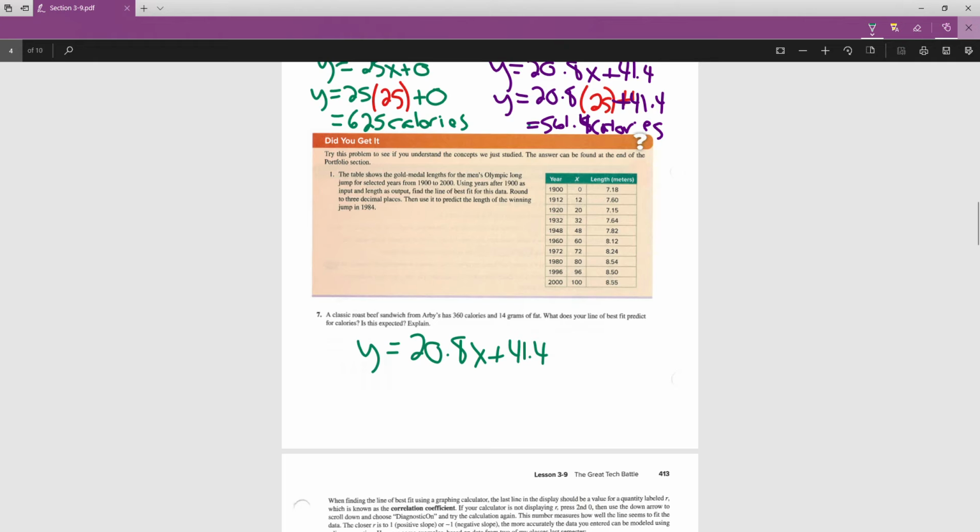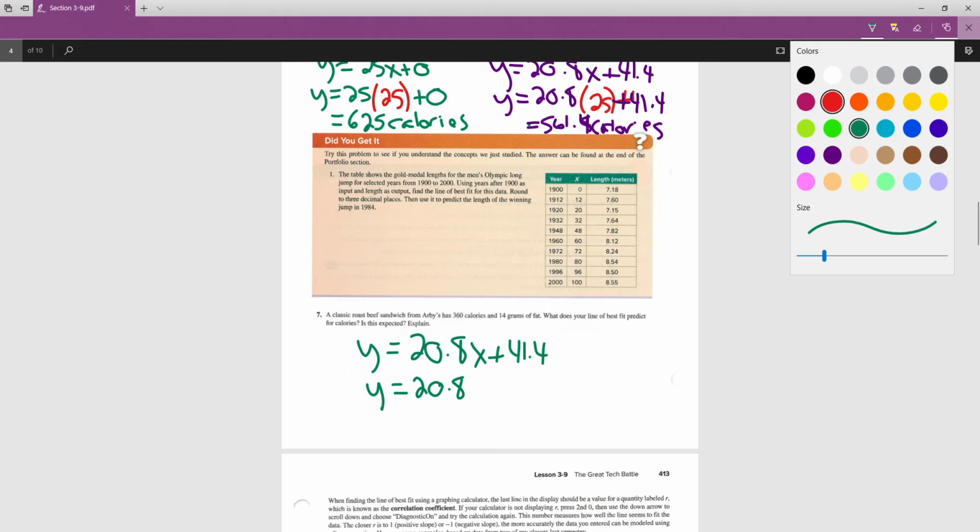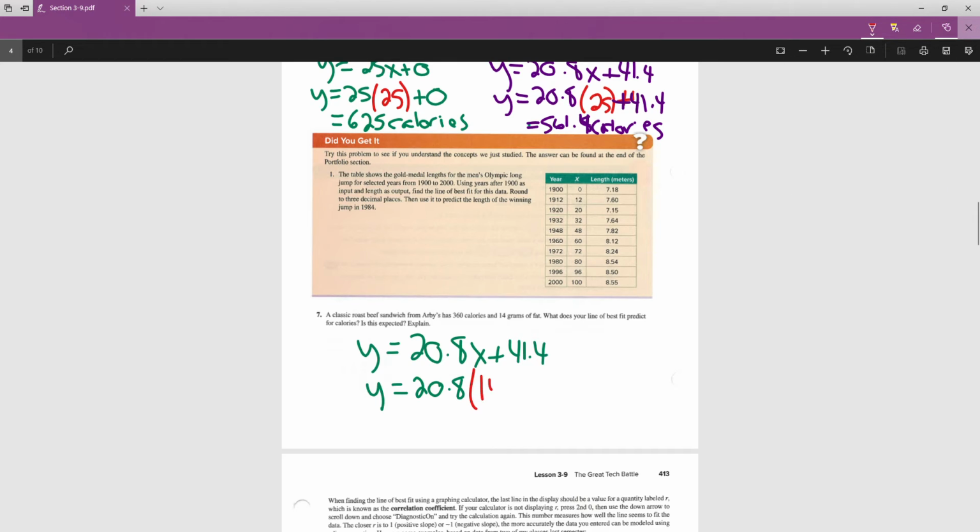So we're going to replace x this time with 14, keeping everything else the same except what we replaced x with. And when we calculate that, we do get 332.6 calories.